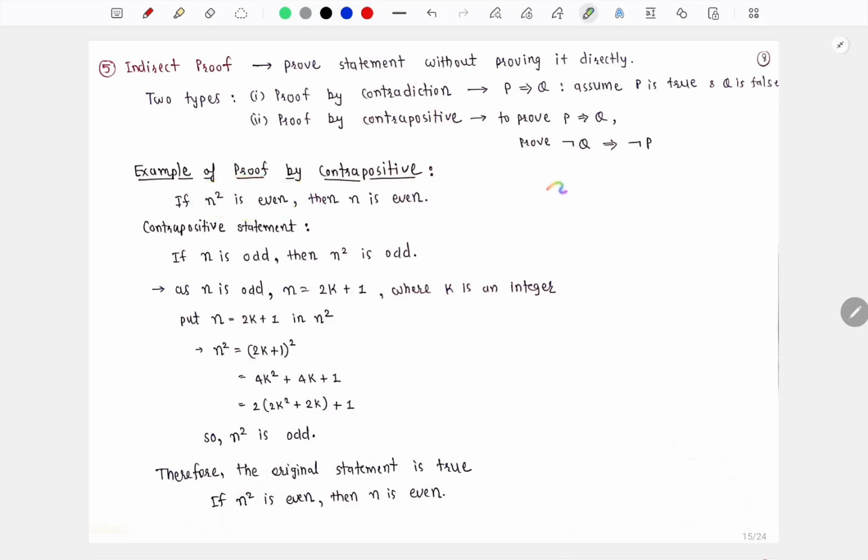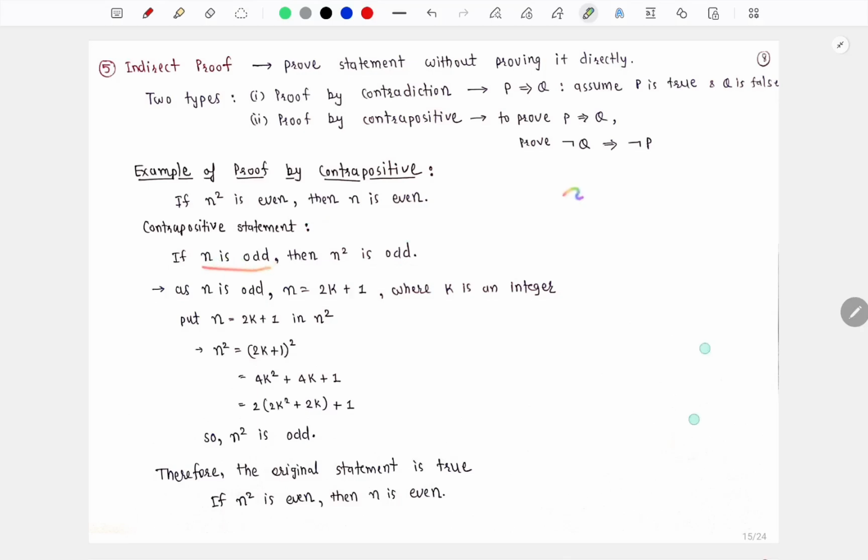N square is even. What is the opposite? N square is odd. So here, if n is odd, then n square is odd. This is what we have to prove for the given statement.